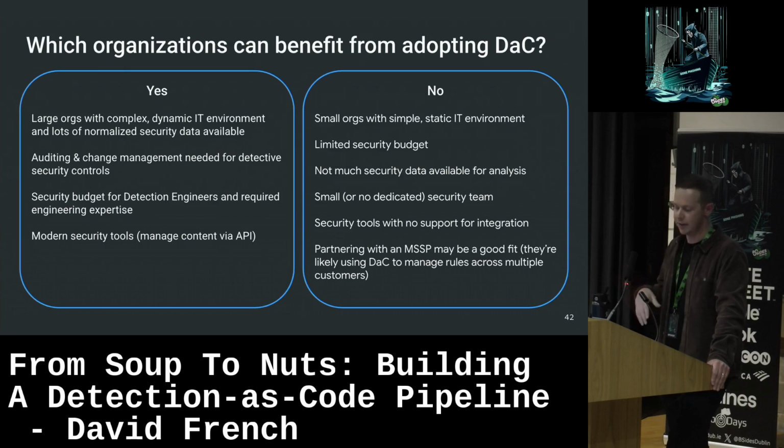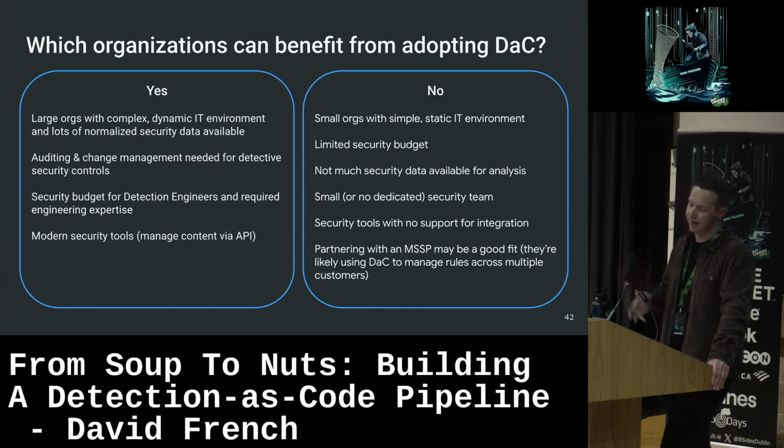If you need that additional auditing and change management, it could be a good fit. You might have a budget for dedicated detection engineers who assess what coverage they have with the rules that vendors provide or what the teams develop today, and then use threat intel to improve their detection coverage against threats over time.